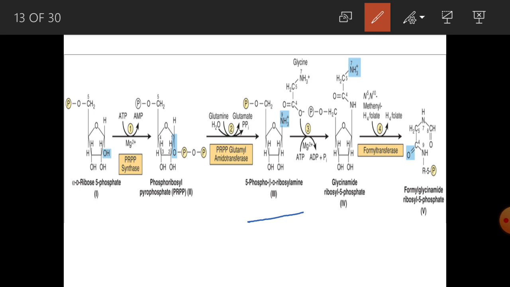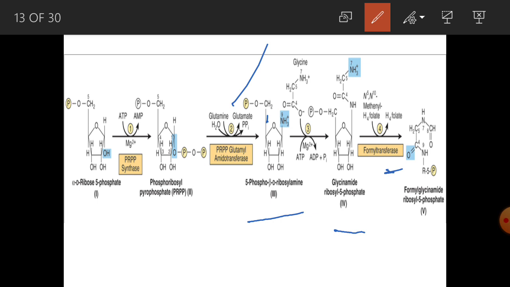The amino group has been transferred from glutamine, hence glutamine becomes glutamate, and then the next step is another ATP is utilized and there is some rearrangement and we get glycinamide ribosyl 5-phosphate. What we got? GAR, glycinamide ribosyl 5-phosphate.